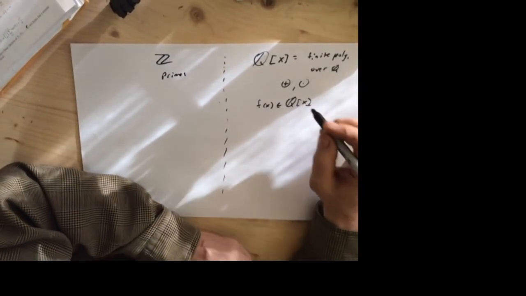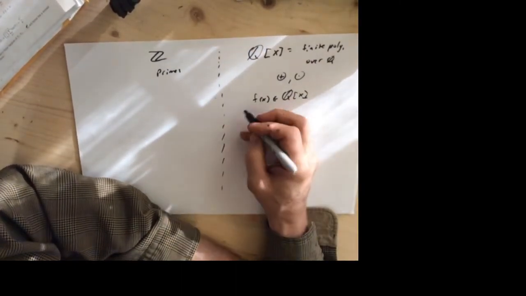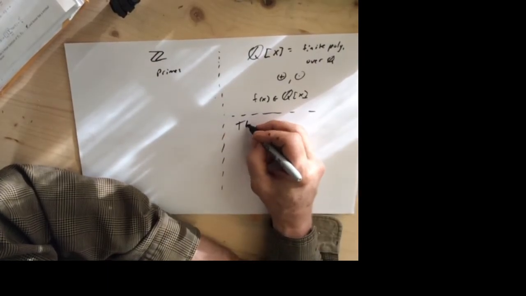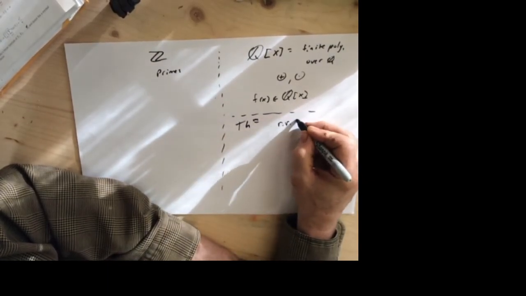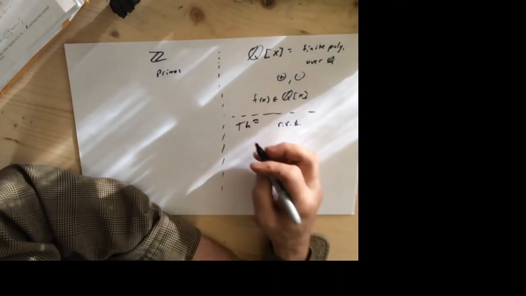Now, we're going to use one special theorem that we're not going to prove. It's called the rational root theorem. And it says the following.